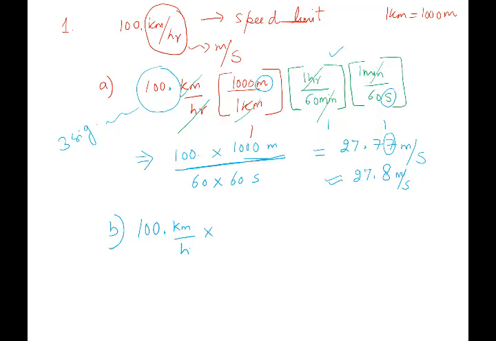We need to know the conversion for kilometer to mile. We have to find the conversion from mile to kilometer. So 1 mile is 1.609 kilometers.